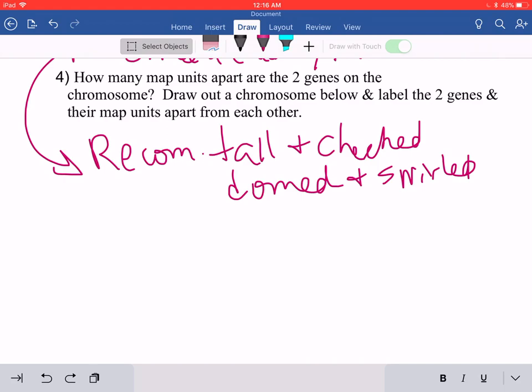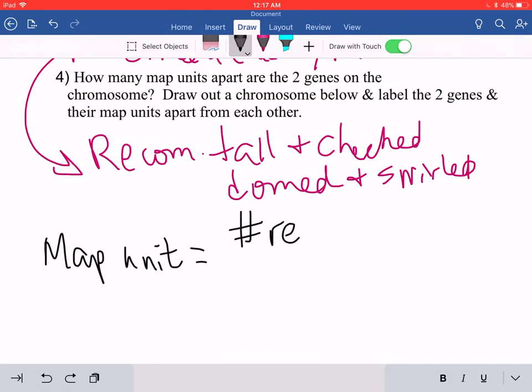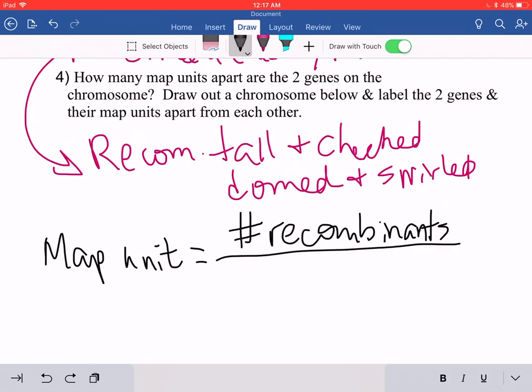The first thing to keep in mind is the way to figure out what a map unit is. A map unit is going to equal the number of recombinants divided by the total number.